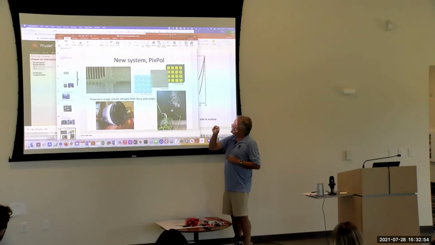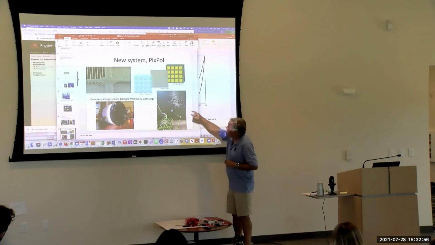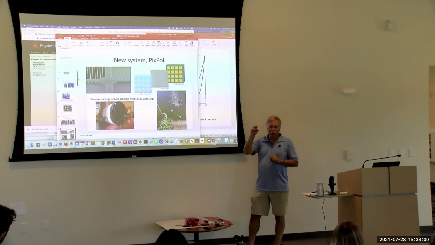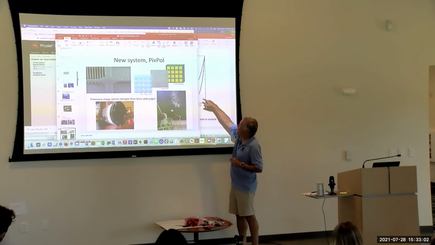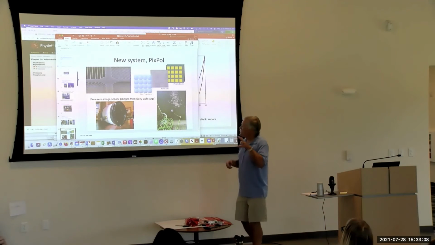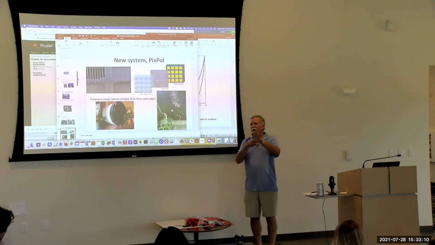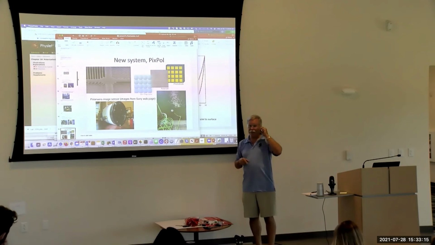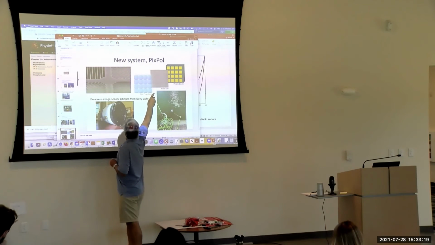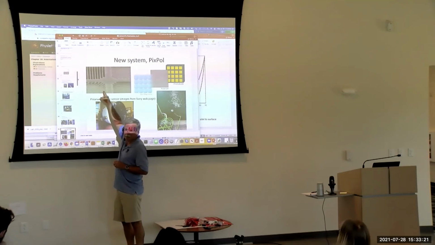And they're set up in groups of 4. And so with those, you get 4 different linear polarization states by looking at the combination of the 4 pixels. And so you get basically one image that has all these polarization states. You can use those to determine the Stokes vectors. Okay, they're pretty cool.